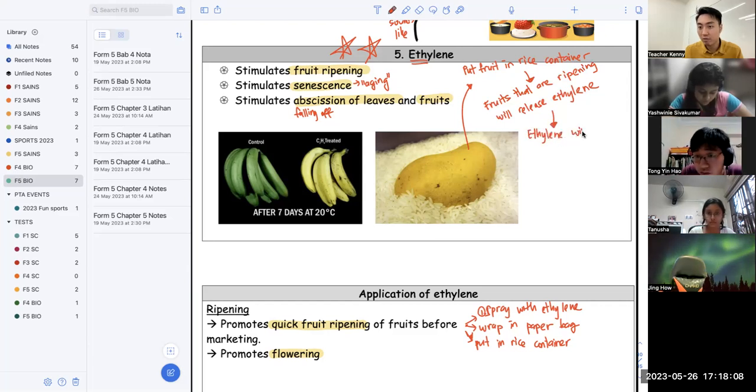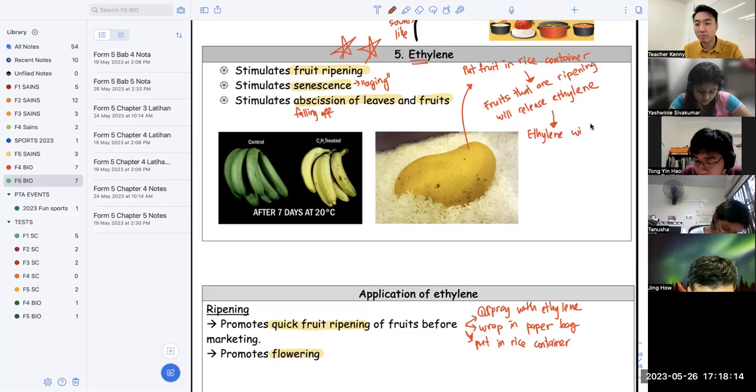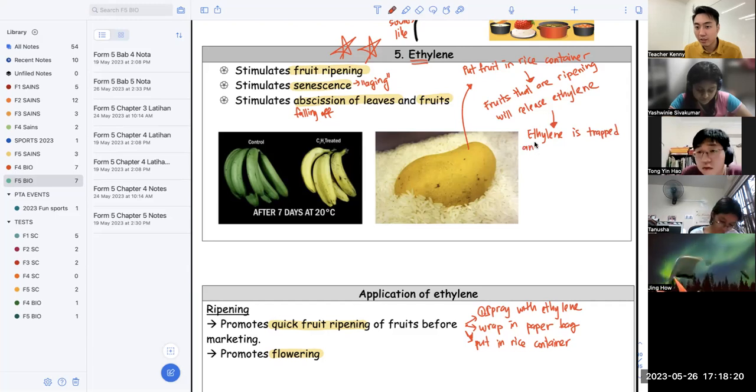Ethylene will accumulate, ethylene is trapped and accumulated.